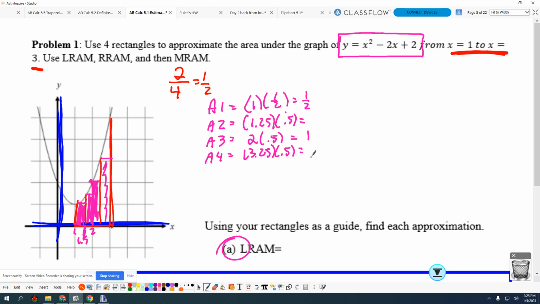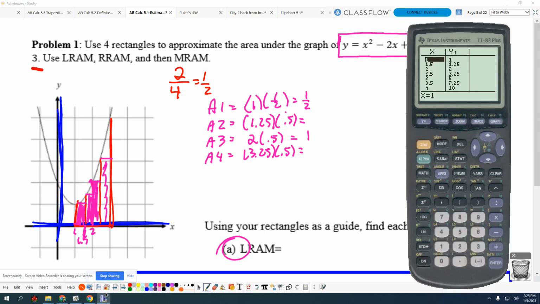So we can now use our trusty calculator. The first rectangle, 1/2, plus the second rectangle, 1.25 times 0.5, plus the third rectangle, 2 times 1/2. Well, I know that one's just 1. Plus the fourth rectangle, 3.25 times 0.5, and I get a syntax error.